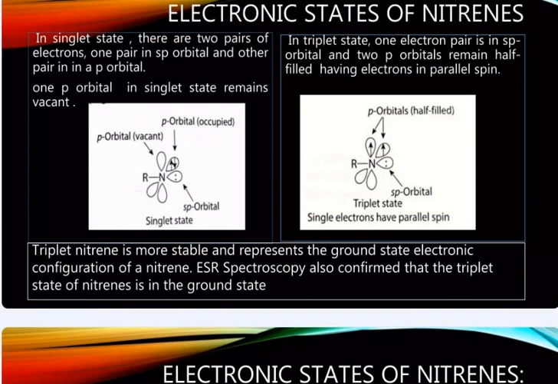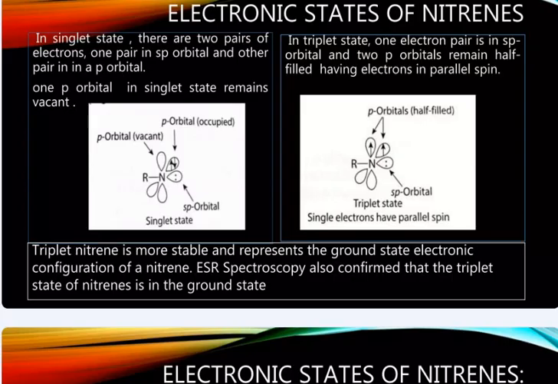Now electronic state of nitrene. In singlet state, there are two pairs of electrons, one pair in sp orbital and the other pair in a p orbital. One p orbital in singlet state remains vacant. You can see here the singlet state: sp orbital and p orbital occupied and p orbital vacant.